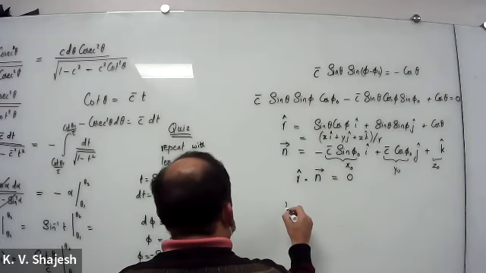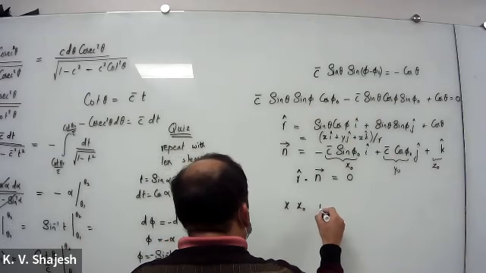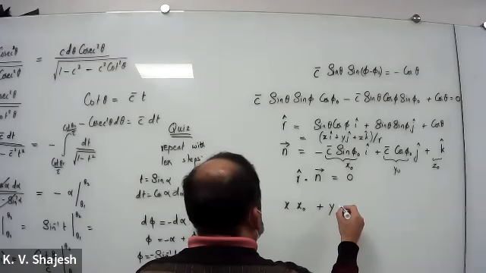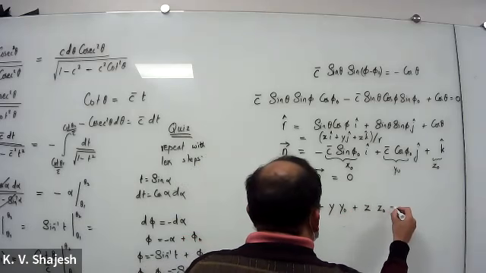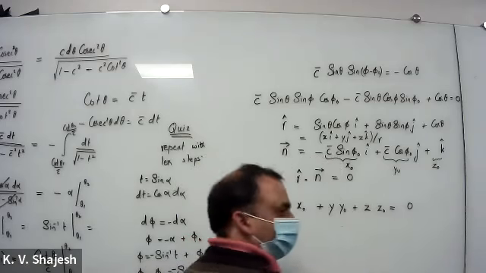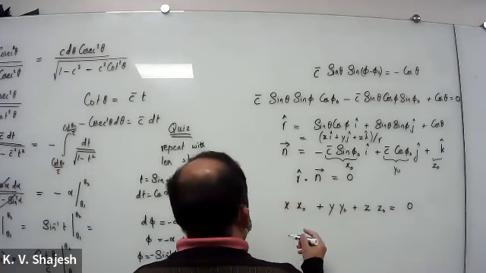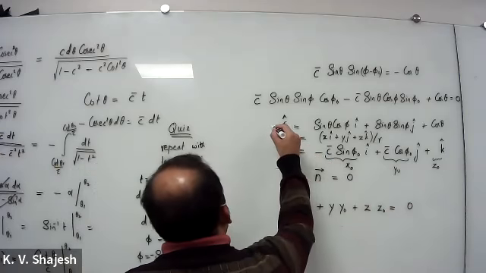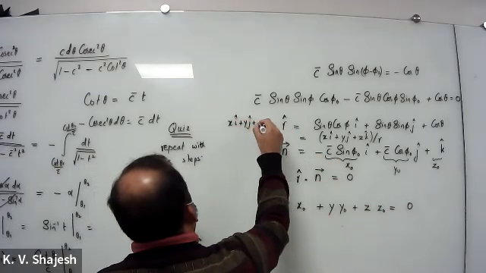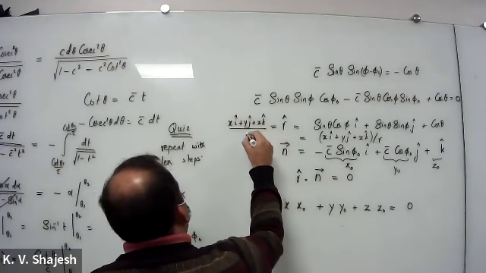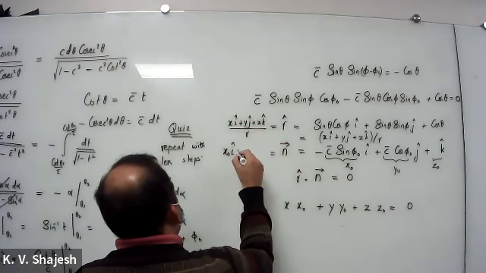So the equation we have is x times x naught plus y times y naught plus z times z naught is equal to 0, where r̂ is your xî plus yĵ plus zk̂ over the distance, and this is your x dot n.